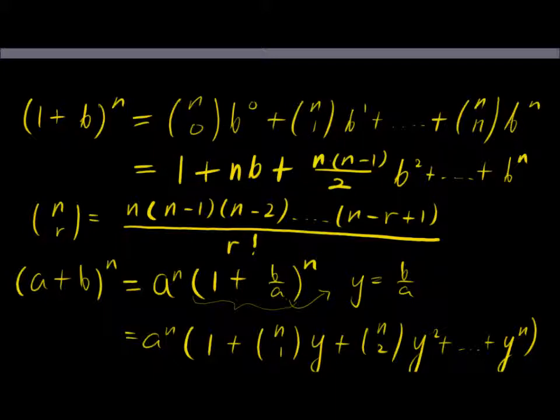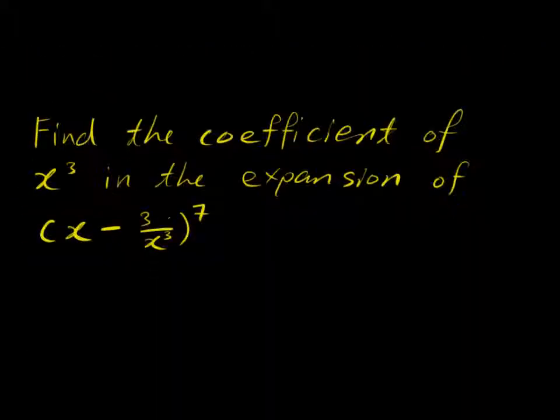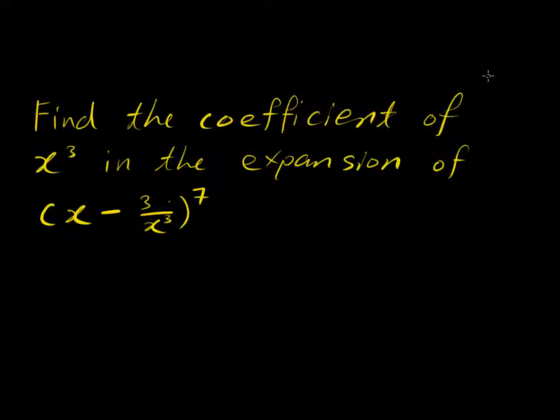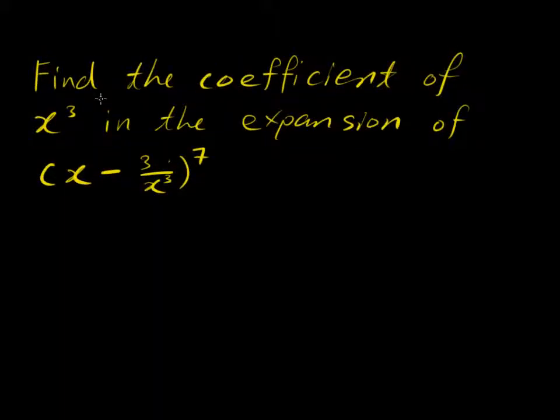That's going to be a lot more troublesome. So let's look at the general term in the expansion of (x minus 3 divided by x cubed) to the power of 7.